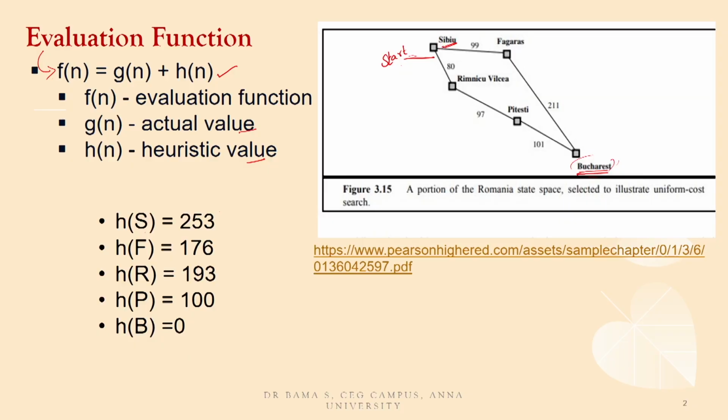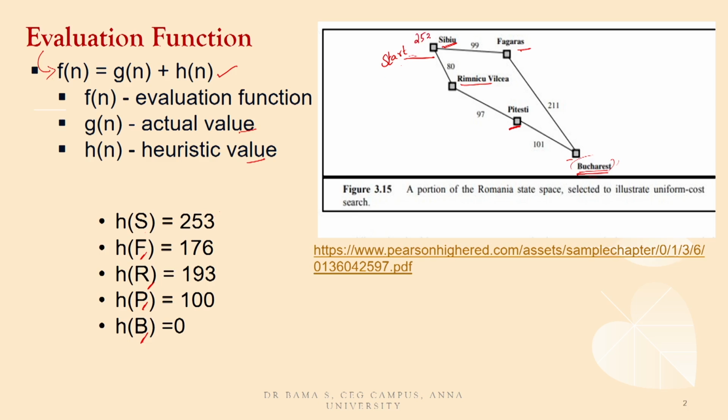Assume the heuristic values of different cities: S stands for a city, F stands for Fagaras, R stands for a city, P stands for a city, and B stands for Bucharest. Let us mark the heuristic value above the nodes.